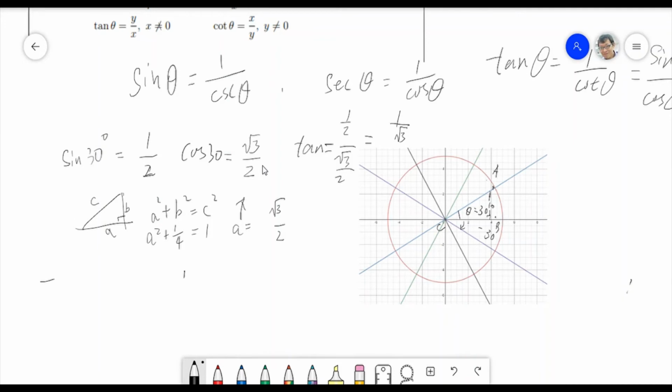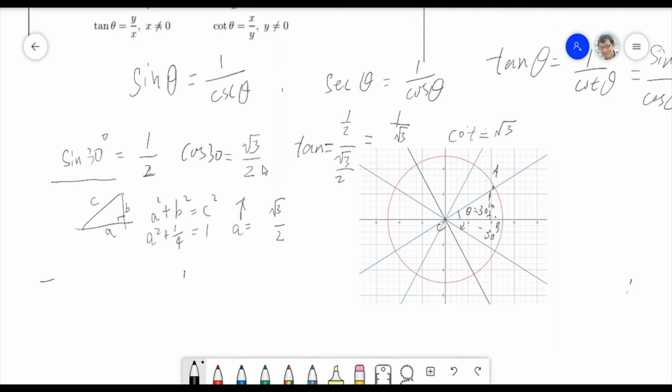This is tangent. So cotangent will be square root of 3, right? So of course, if you ask cosecant, it will be 2, right? Secant will be 2 over square root of 3. So this is a special angle, 30 degree.